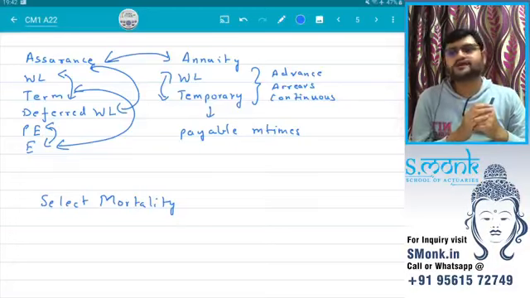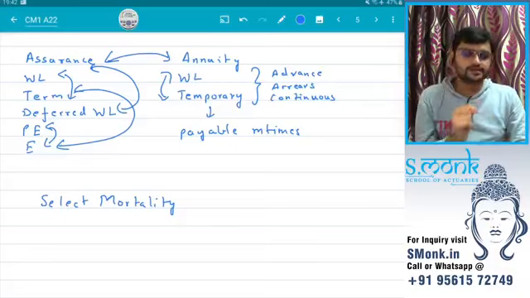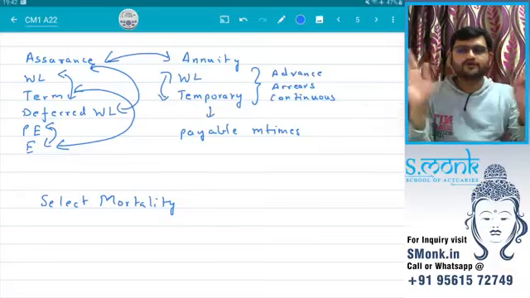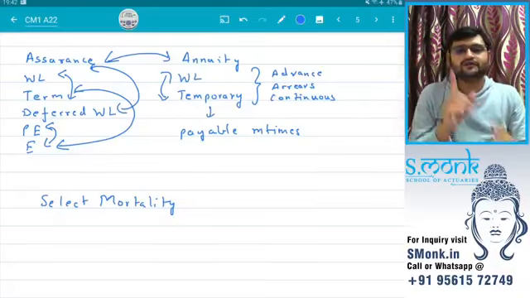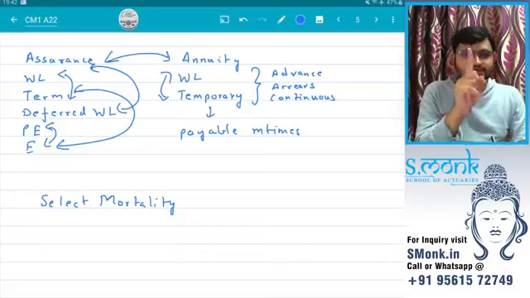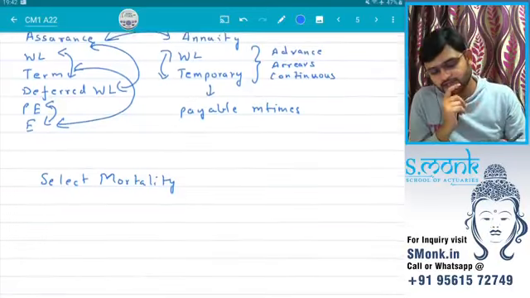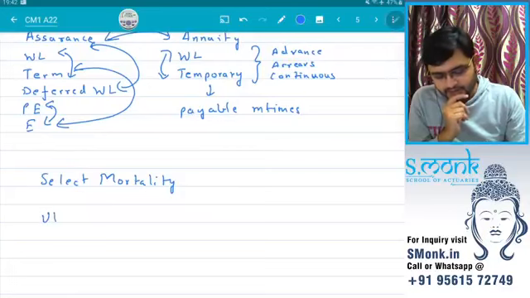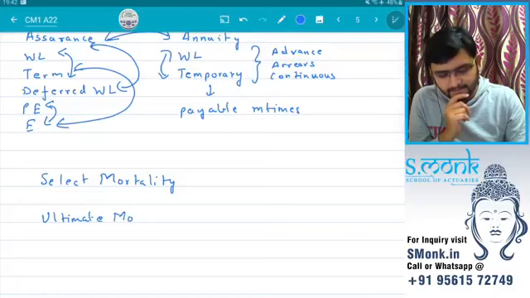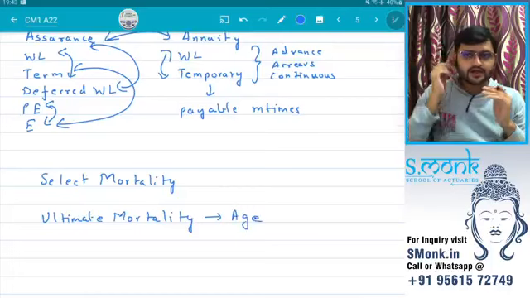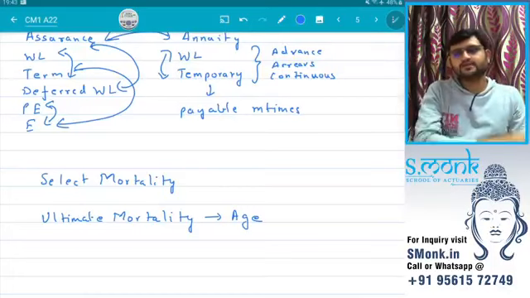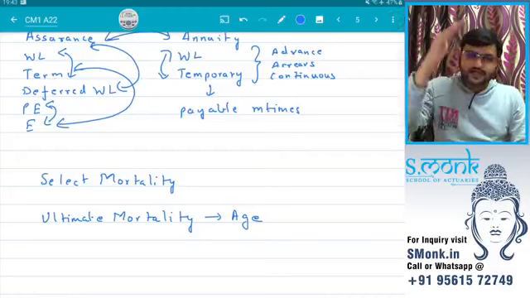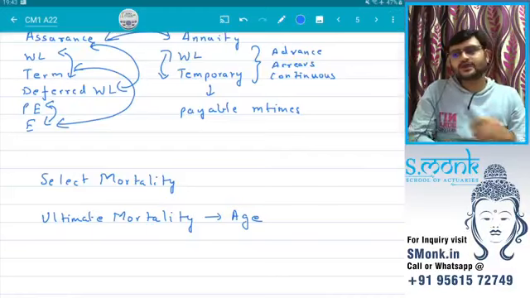But after all of those selections, when we select one table, in ultimate mortality the only thing that matters is age, right? After we have selected one table, inside that table the only thing that was varying was age.